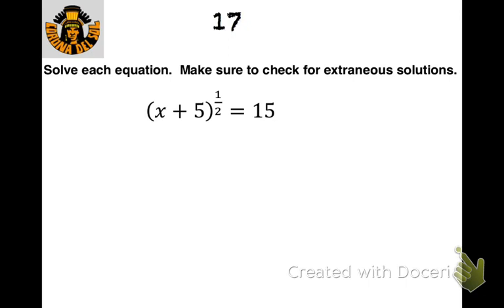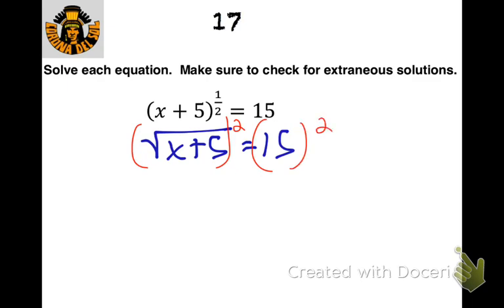All right, we're going to solve this radical equation. It is a radical equation. This is raised to the 1/2 power, which is the square root of x plus 5. I don't always make it a radical. You definitely can make it a radical x plus 5 first and go this route. I don't normally do that, but you can. And then you can square both sides.